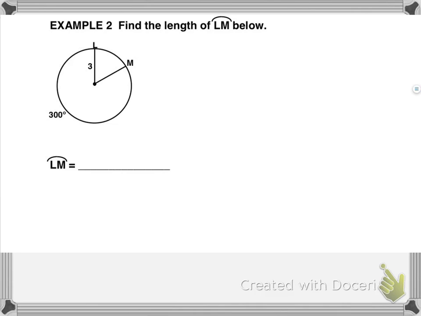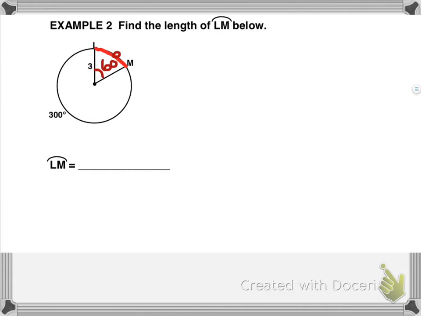Let's look at another example. We are to find the length of arc LM. So we'll use the formula that we've already learned, where the central angle is 60.